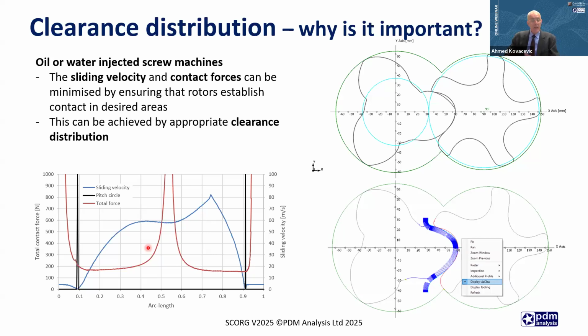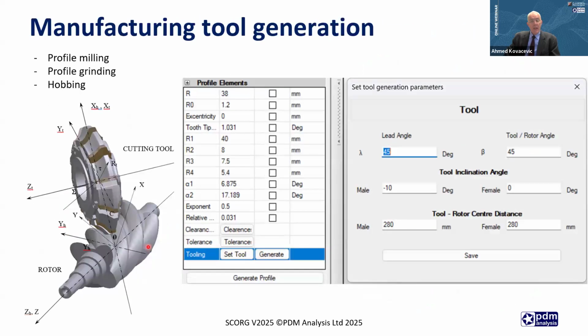So the objective is to minimize both contact forces and sliding velocities, especially in new applications like water injected compressors or compressors with reduced viscosity lubricants. And that is done by clearance distribution, which is fully available in SCORG.